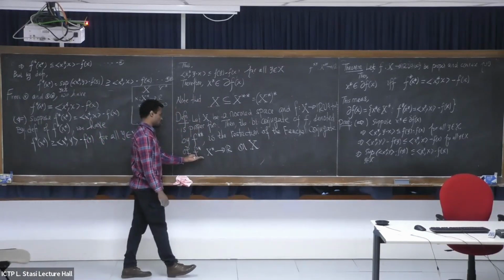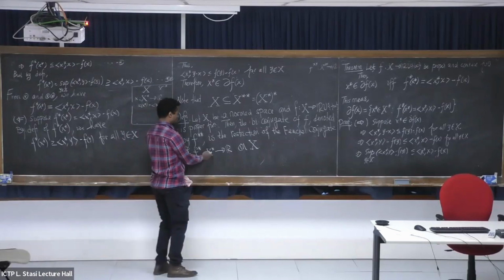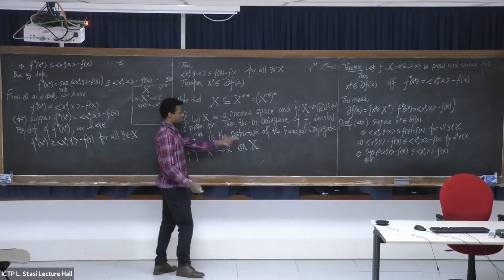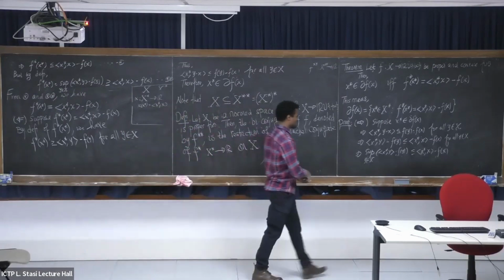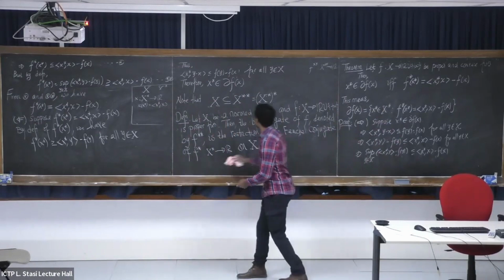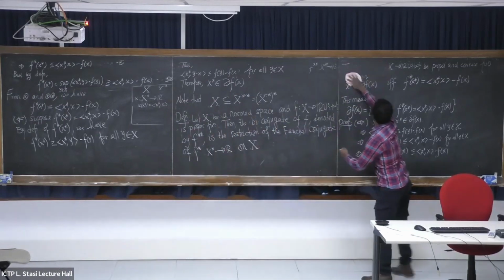If we consider the Fenchel conjugate, it should be on its double dual. So as a definition, it is supposed to consider all spaces, so that this is the biconjugate on this restriction of the space X. So what is a biconjugate? It means here.